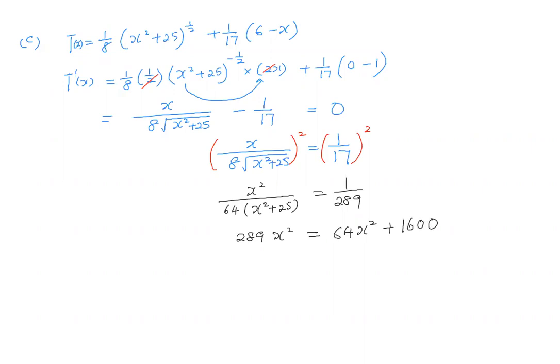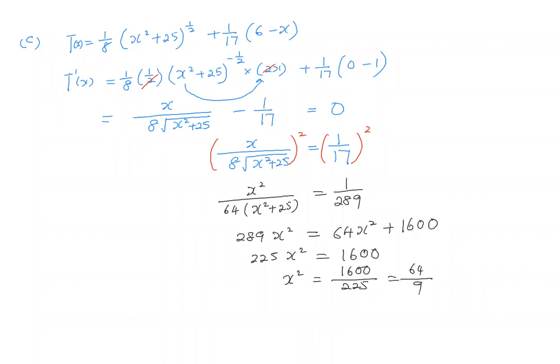So you take 289 minus 64, which is 225. x squared equals 1600 divided by 225. If you use your calculator, it will be 64 over 9. Is it?